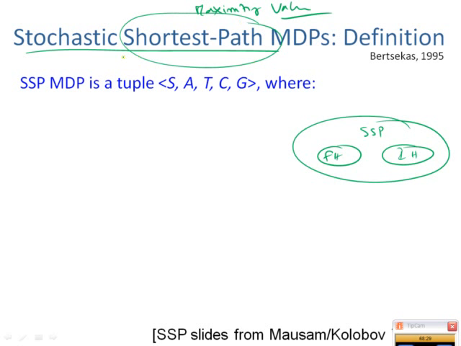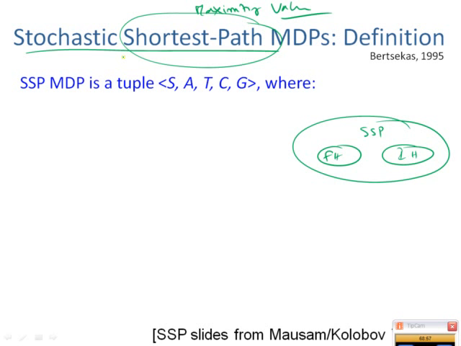That's another plus point. You may have been seeing connections between MDPs and A star search as we have gone through. But A star search thinks in terms of costs and minimizing the costs, and MDPs have been talking about values and maximizing the values. Mathematically you could see that they are connected, but this particular SSP just makes it very clear that they are quite well connected.